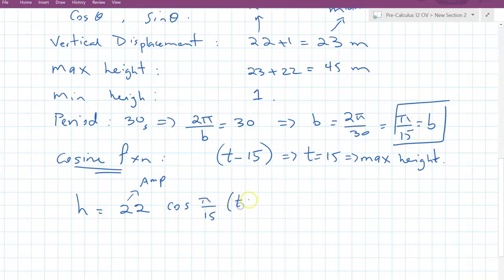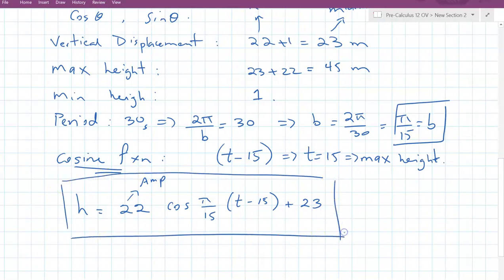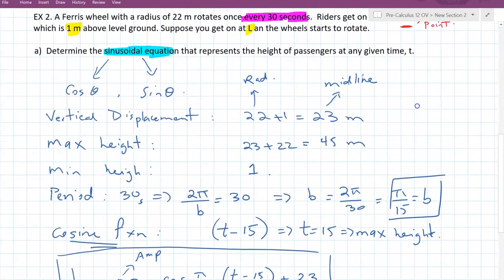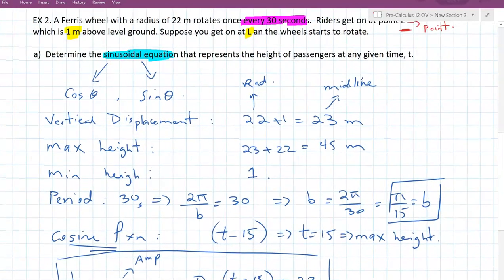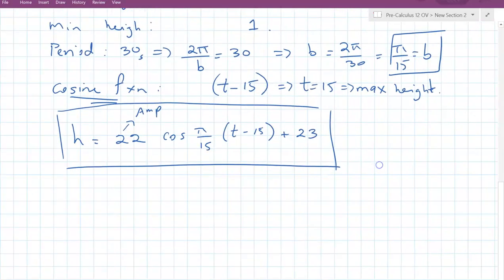Then we have the phase shift that gives us the time at which the maximum height happens, and then the vertical displacement, which is your midline. This is the sinusoidal equation that represents the height of the passengers at any given time, t.